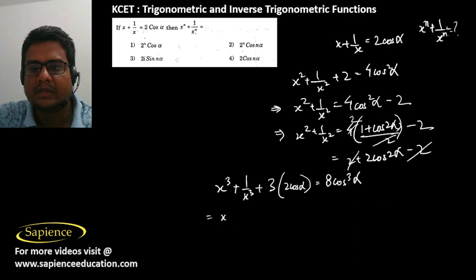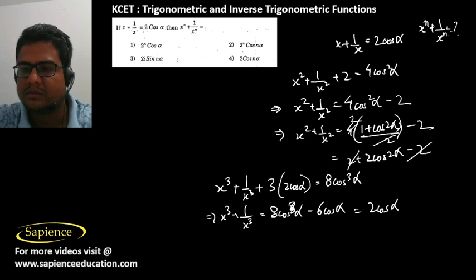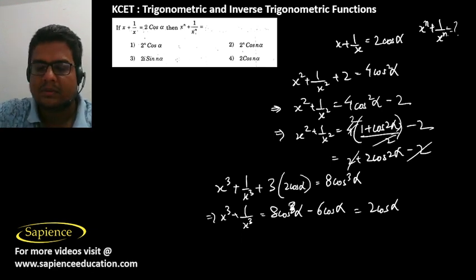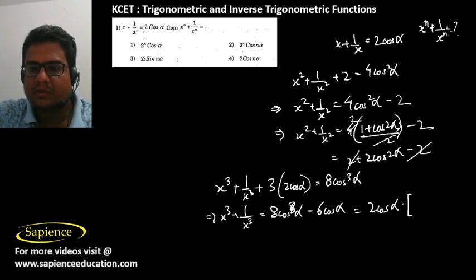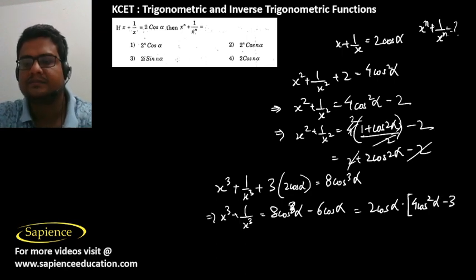So x cube plus 1 by x cube is equal to 8 cos cube alpha minus 6 cos alpha. Then we can write this, taking 2 cos alpha as common, as 2 cos alpha into (4 cos square alpha minus 3).